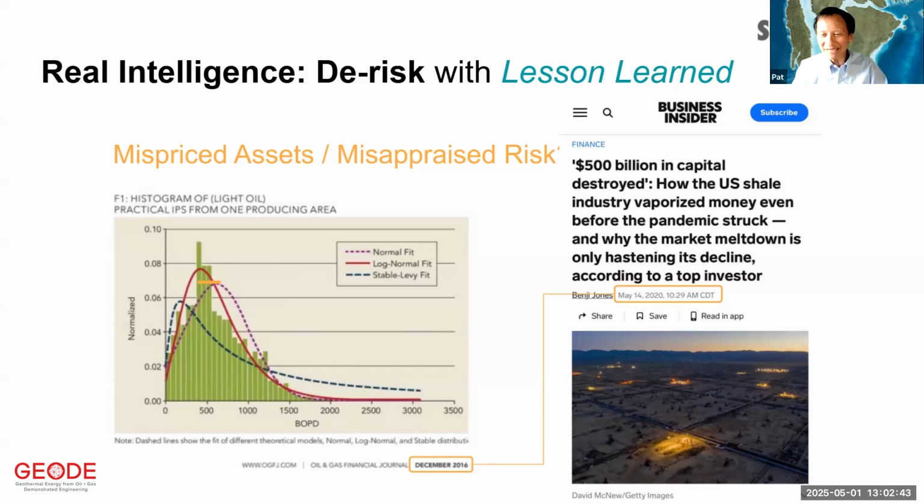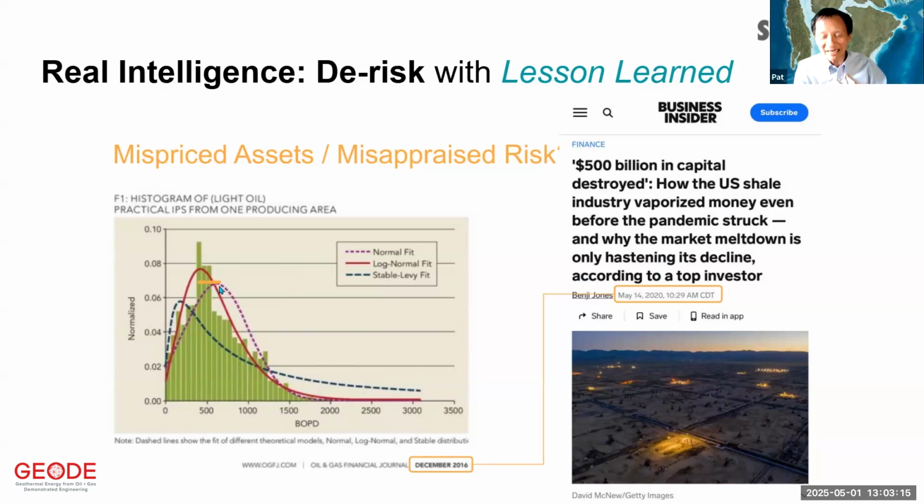Well, so what's the big deal? One of the interesting things, in 2020, an article talked about how shale drillers destroyed 500 billion of capital. Well, it's a little bit more for news consumption, but the fact is, with the $1.2 trillion or so that operators spent on drilling shales over a period of a decade, if you think about 20-some, 30%, yeah, that's kind of what it would be.